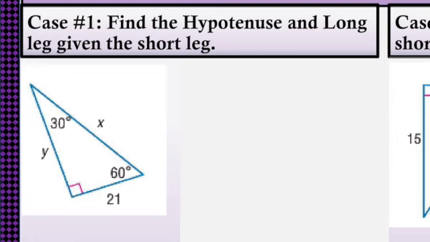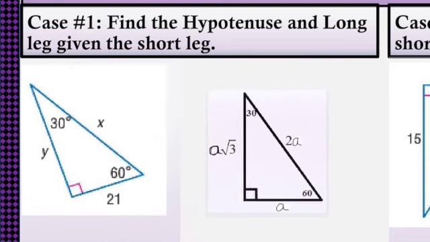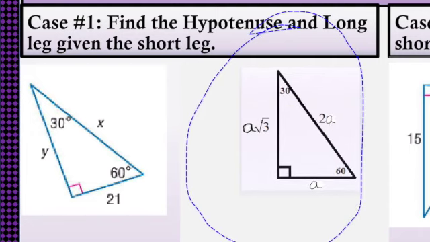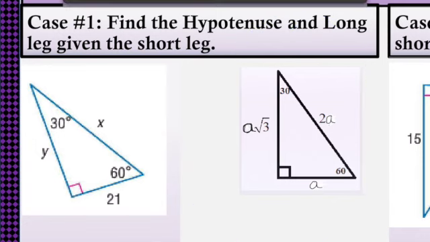So just like we did in the last one, just like we did with the 45, 45, 90, let's have our 30, 60, 90 formula written off to the side somewhere. And then I'm going to go ahead and correspond and match up all of the sides. All right, it doesn't really matter exactly how the colors go, just that they match up.